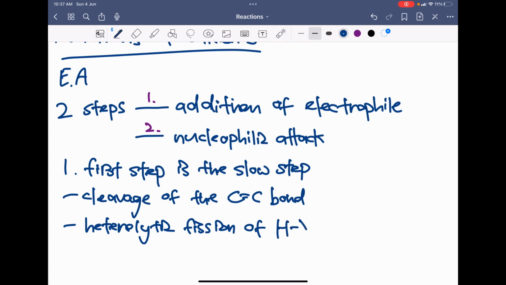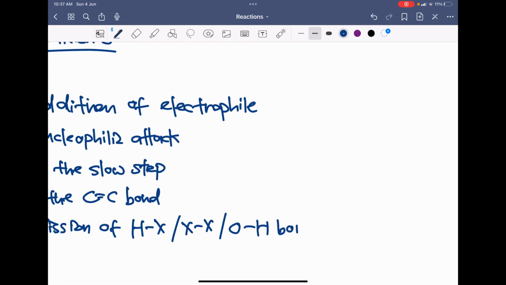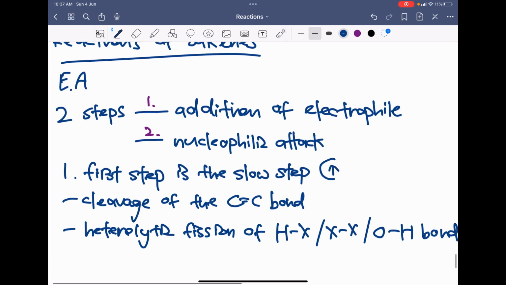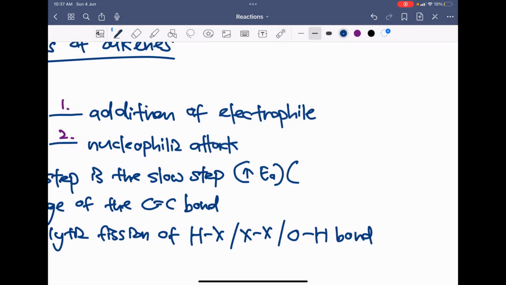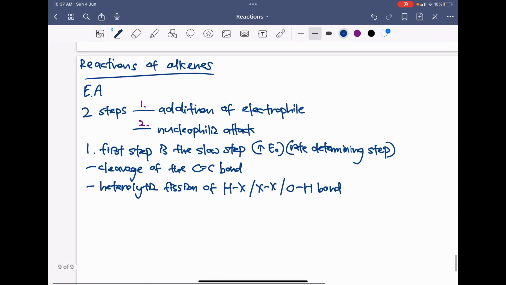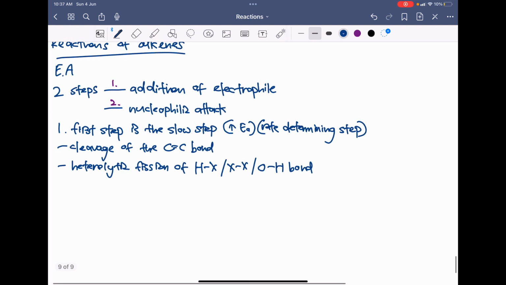So it can be HX, it can be XX, and it can be an OH bond. Because it's the slow step, it has a higher activation energy. And also because it's the slow step, it is the rate determining step. So that's quite a bit of stuff you can even know from the first step.